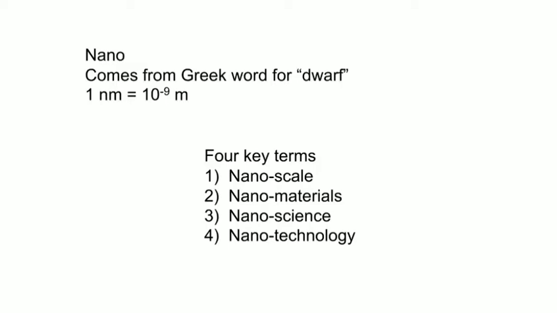If you make 10 raised to 9 slices of 1 meter, then one slice is equivalent to 1 nanometer. So this is just a conversion factor from unknown to known.